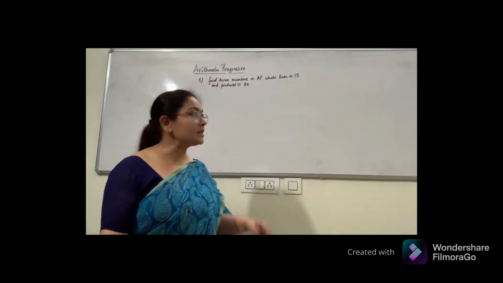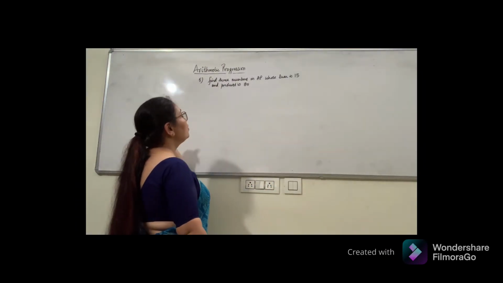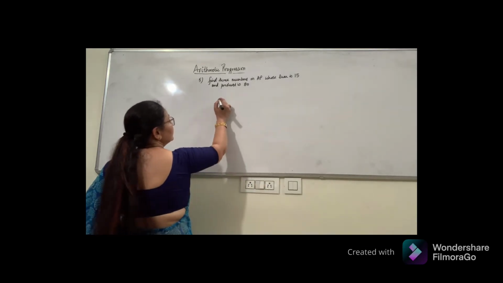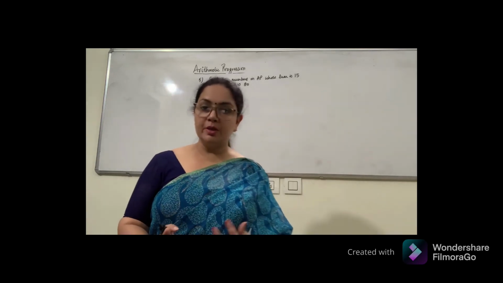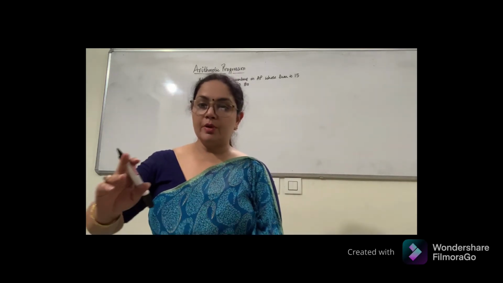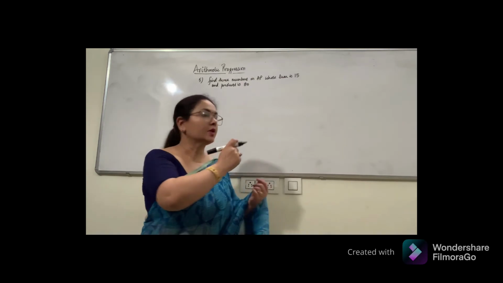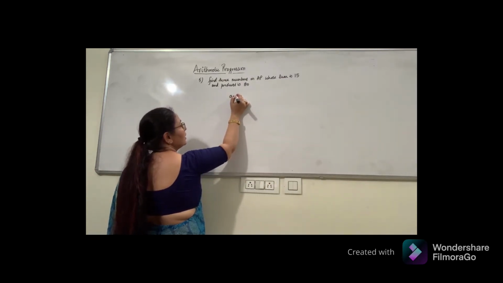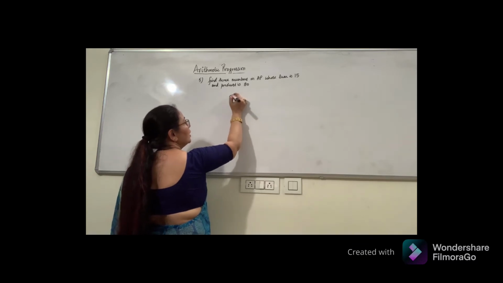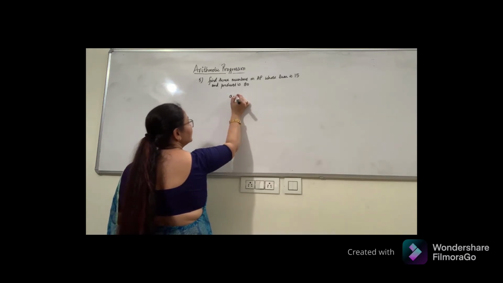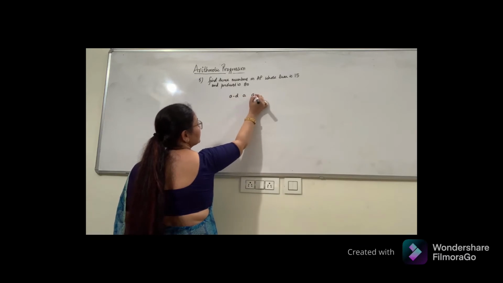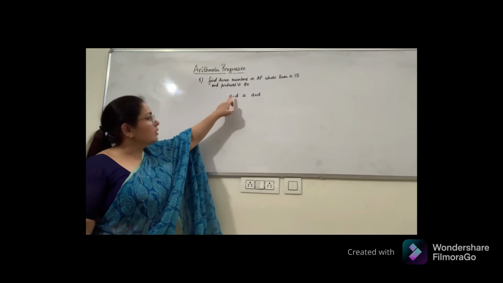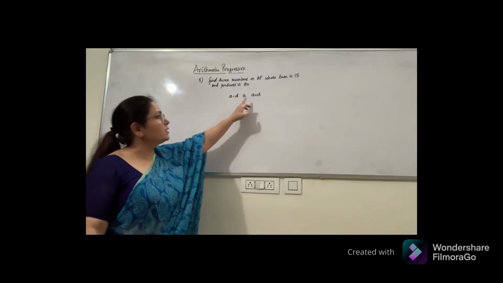So the next question is, find the three numbers in AP whose sum is 15 and the product is 80. Okay, so whenever we have to assume three numbers in AP, what do we do? If a is my middle term, the number before it is a minus d, and after this a plus d.